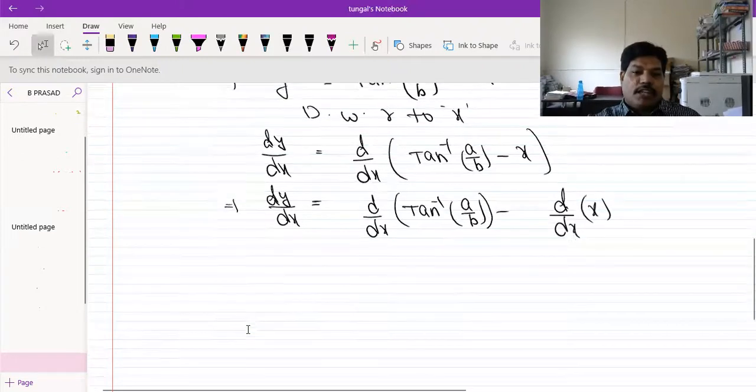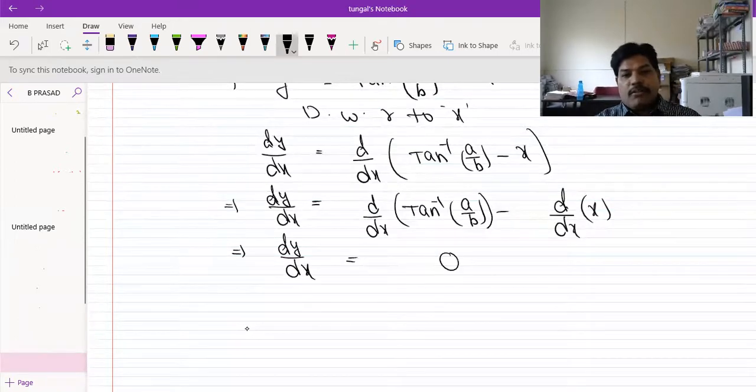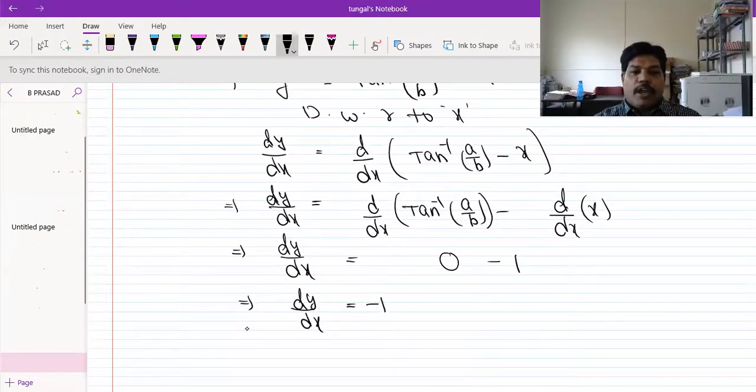The derivative of a by b is a constant, so automatically the derivative will become 0. So dy by dx is equal to 0 minus the derivative of x, which is 1. So automatically dy by dx is equal to minus 1.